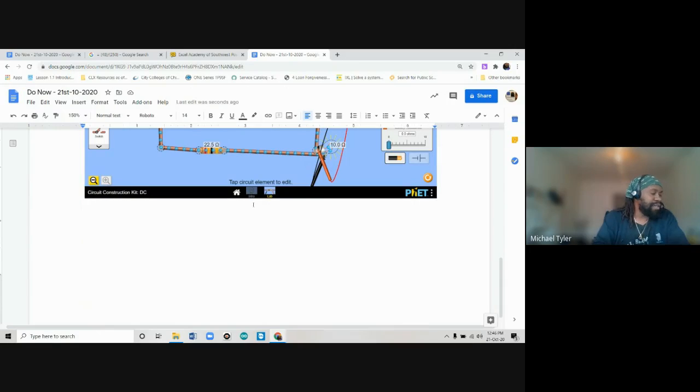So first things first, you've got to know the equivalent resistance for resistors in series. This is a series circuit, it's a loop, right?